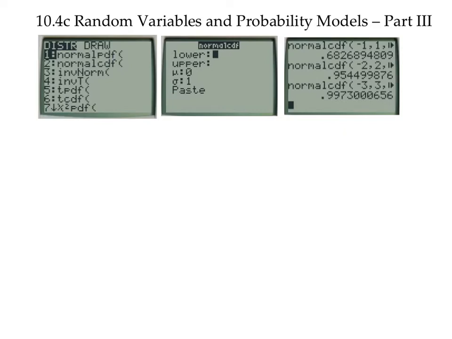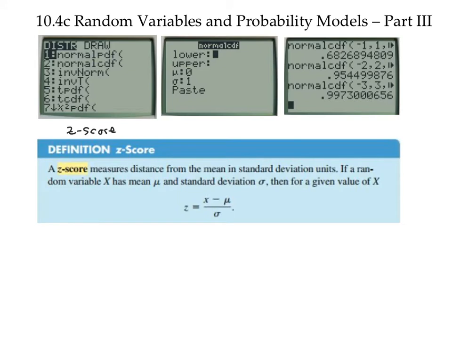Now, a z-score measures the number of standard deviations left or right of the mean. And the formula for calculating a z-score is the following. Because our calculator allows us to change the mean and the standard deviation, we do not have to use z-scores.